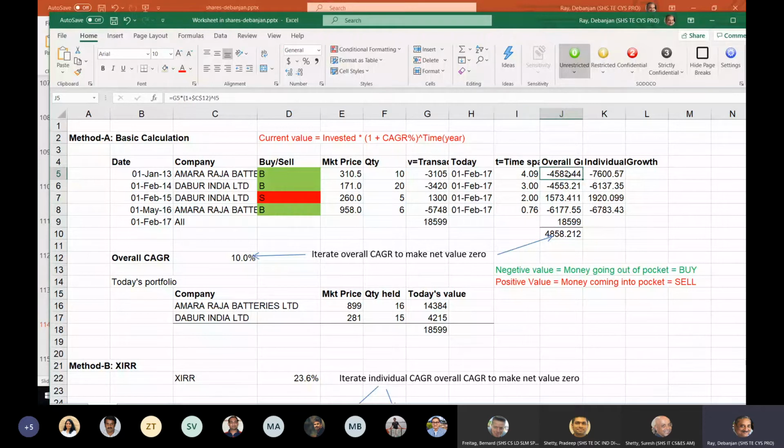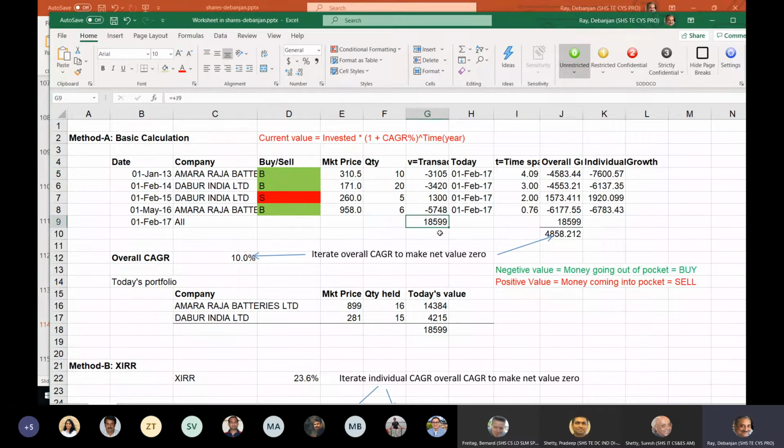Then I go to this formula: the value of the investment into (1 plus CAGR) to the power of this time. Now I have arrived at this, and then my total value today is this. If I go here, this amount of money is going to come back.